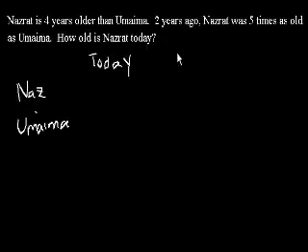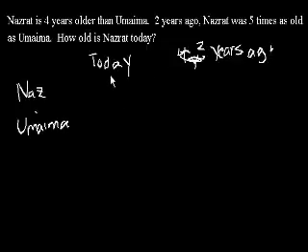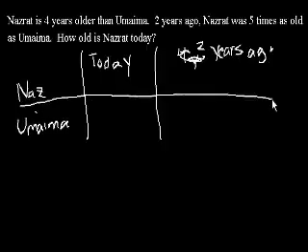Oh, no, not 4 years from now. I'm confusing myself. This would be 2 years ago. I'm still remembering the last problem. So this was 2 years ago, today, and 2 years into the future. It's not the cleanest chart, but I think it'll do the job.